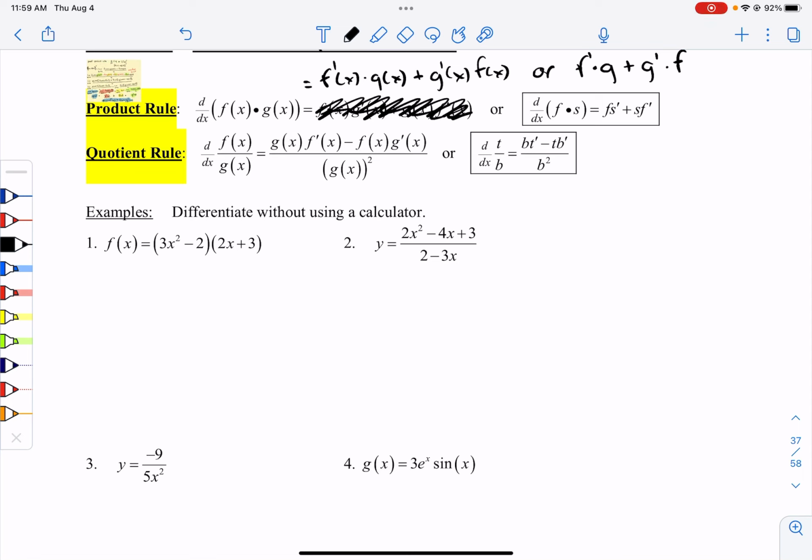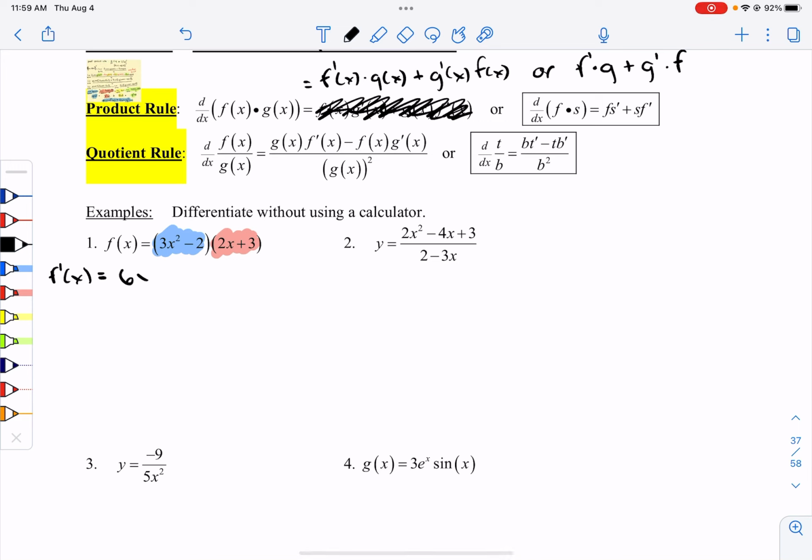So using what we just learned, f prime of x is going, now please don't get confused. Maybe I shouldn't have used f and g. This right here is my first function, and it's being multiplied by this, which is my second function. So my formula says to take the derivative of the first function.